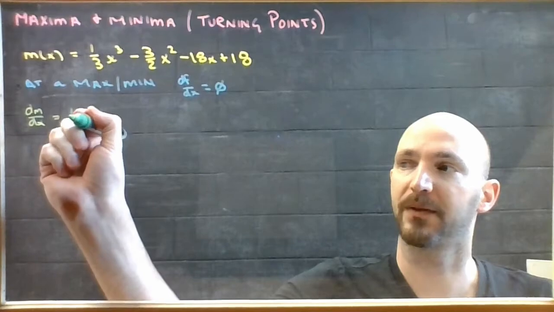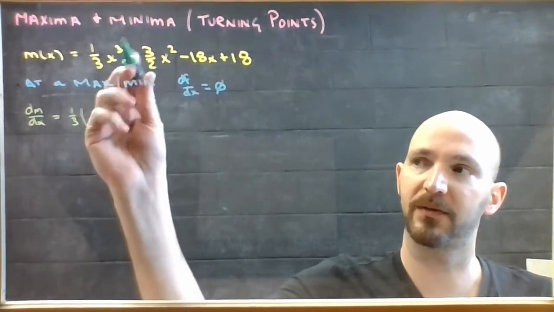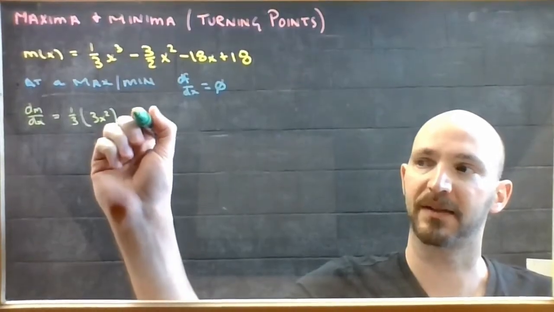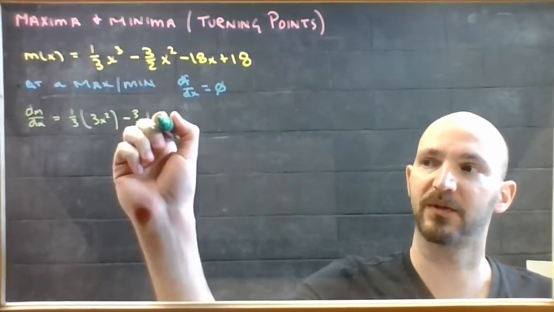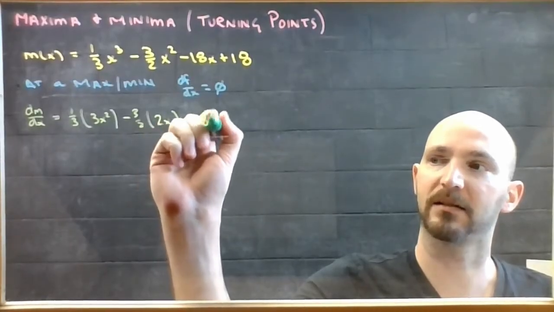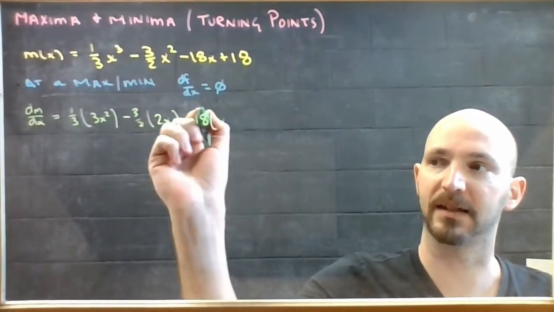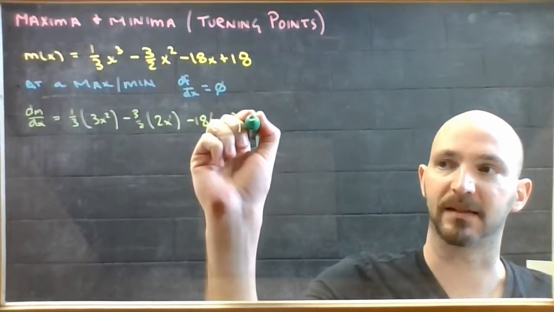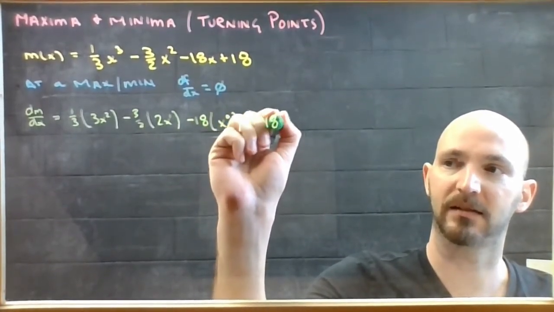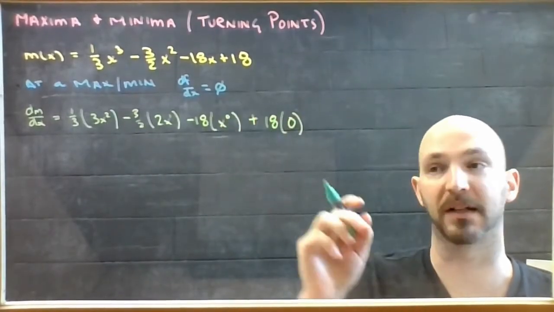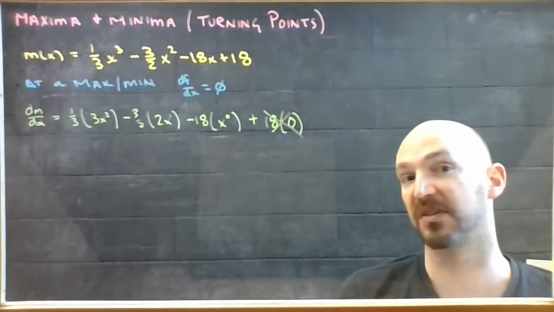That would be 1/3 of a derivative of x cubed, which is 3x squared, minus 3/2 of 2x to the 1, minus 18 times x to the 0, and then plus 18 times 0, because there is no function of x back there, or if you choose to, you can just not write that in.